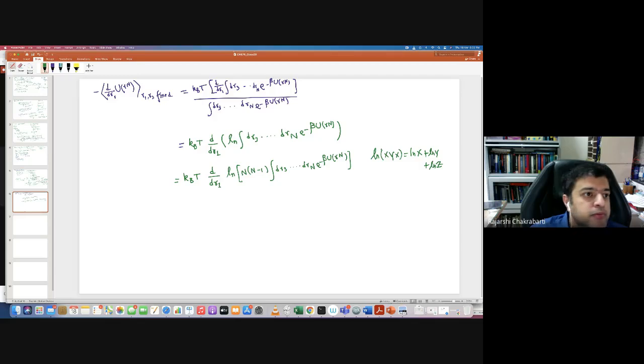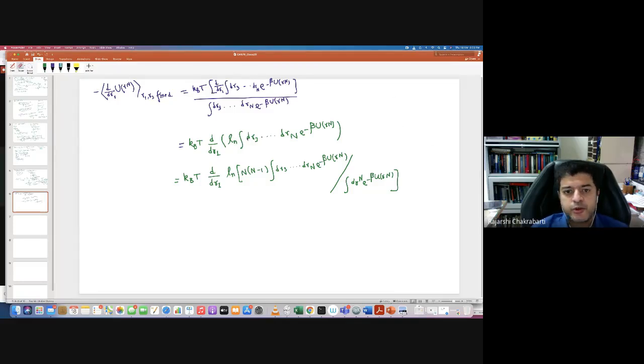This divided by the integral over all drN. So I do this trick.